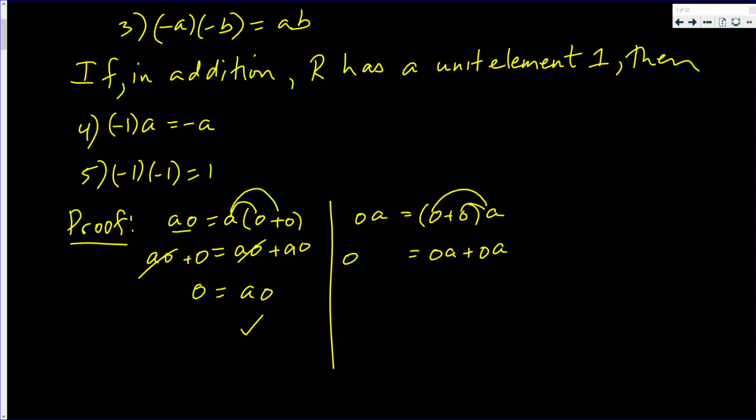And on the left side, I still have 0a, but I can add 0. Oh, let's cancel out 0a on both sides of the equation on the left side. And I get 0 is equal to 0a. That proof is done. I showed that a0 equals 0, and I showed that 0a equals 0.